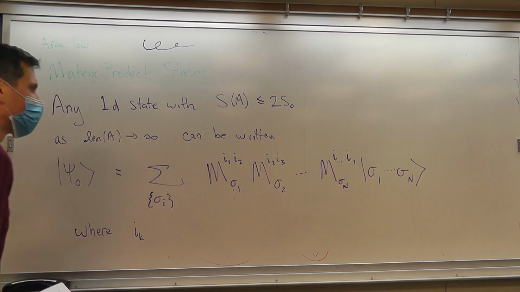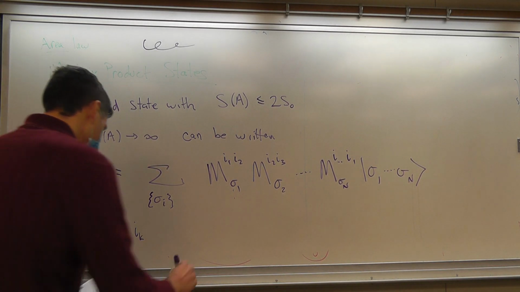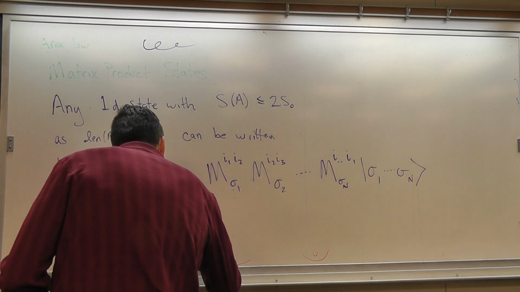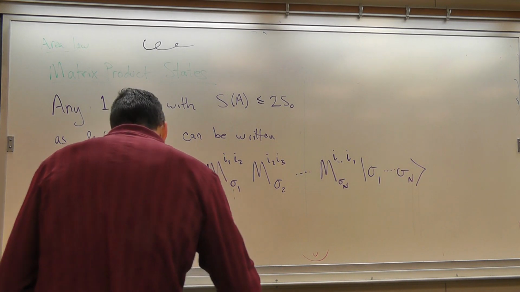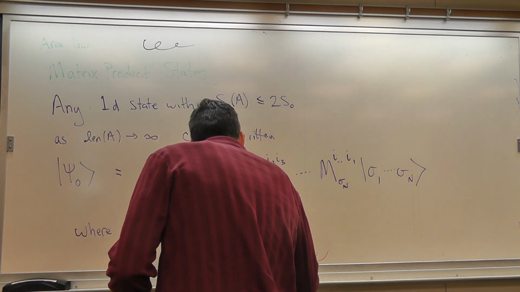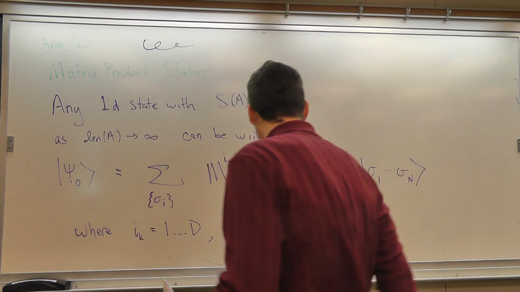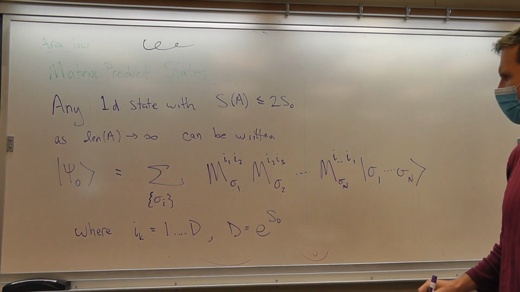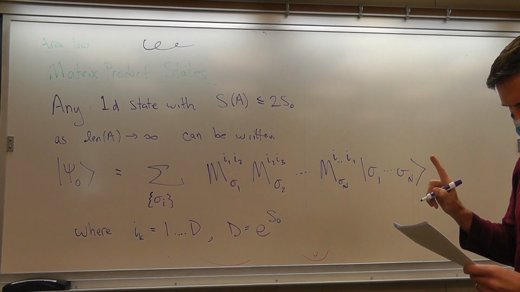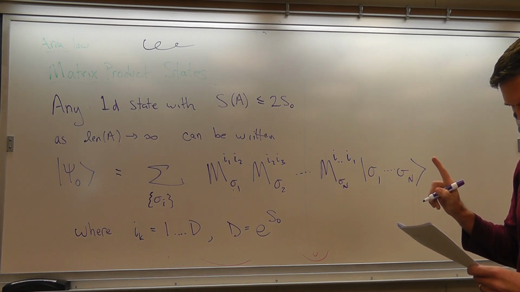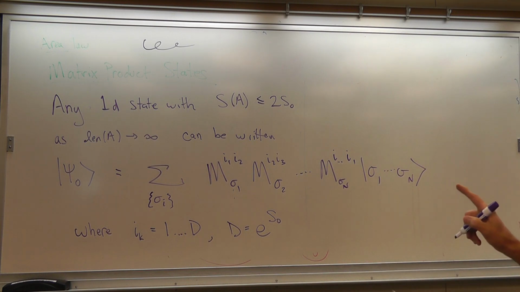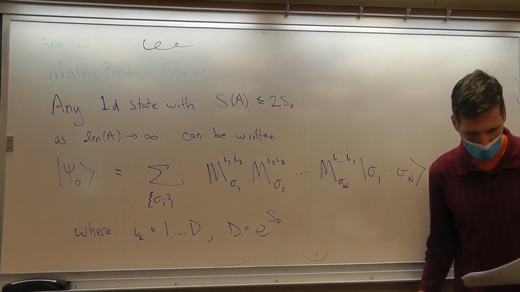These bonds, the i_k, which are called the bonds, run from 1 to big D, where big D is e to the S naught.